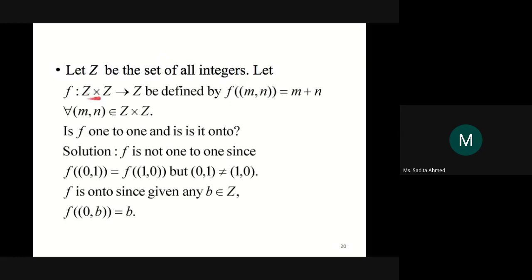That is, if instead of Z cross Z there were Z plus cross Z plus, in that case, it would still be onto, but we could not prove it using the minus and the zero. Exactly, very good. Still onto, right? Now what if the domain changes to the set of all positive integers?